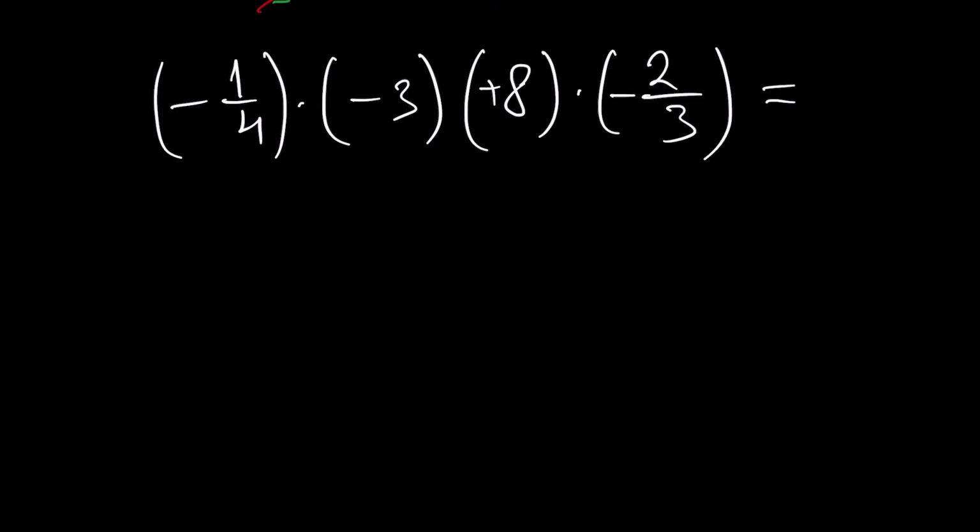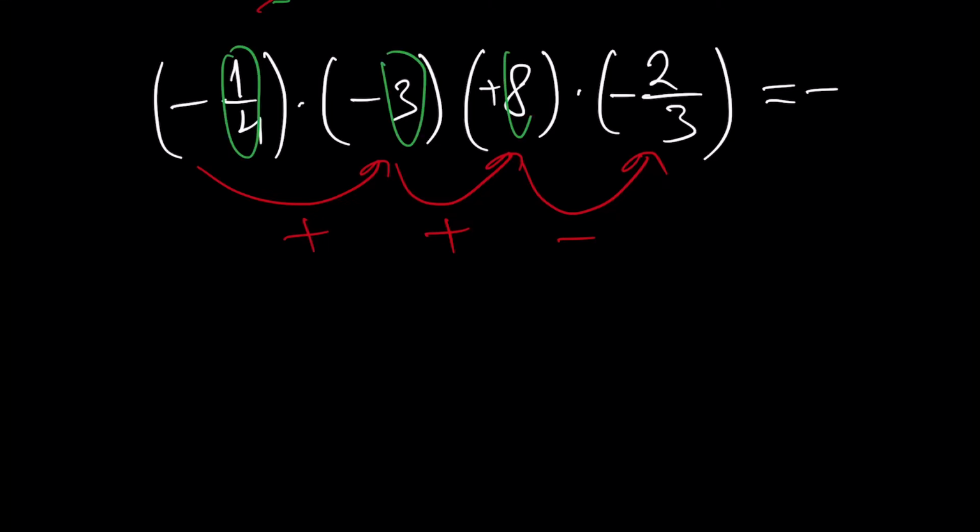Again here, minus times minus gives plus, plus times plus gives plus, and again plus times minus gives us a minus. So answer will be with minus, and we just look at absolute values of these numbers.